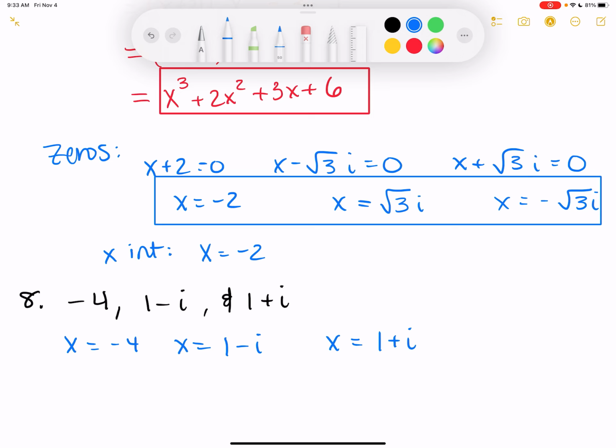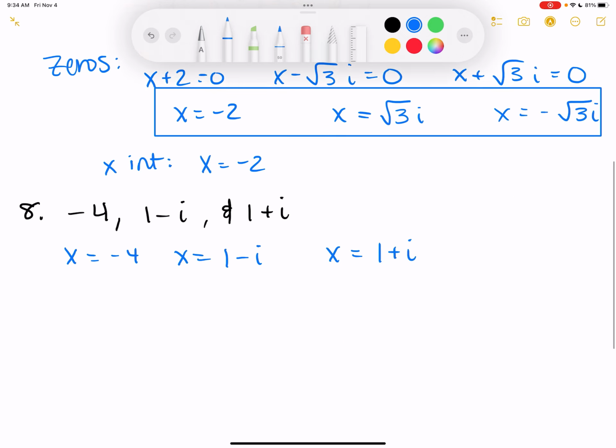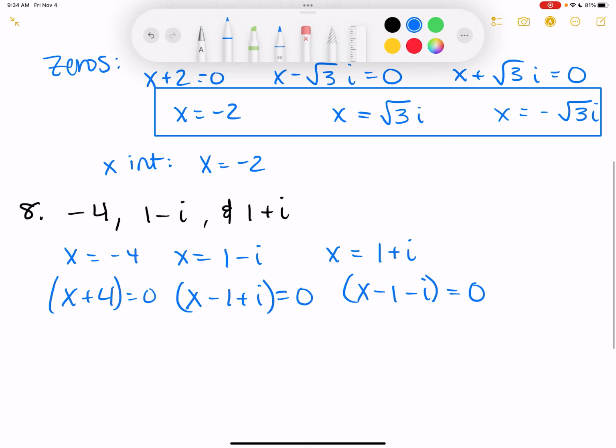We want it in standard form, so we need to get all of these things moved over to get our factors that we can then multiply. So x plus 4 equals 0, so that's going to be one of my factors. x minus 1 plus i equals 0, and x minus 1 minus i equals 0. So those are my three factors that are going to get multiplied by each other.